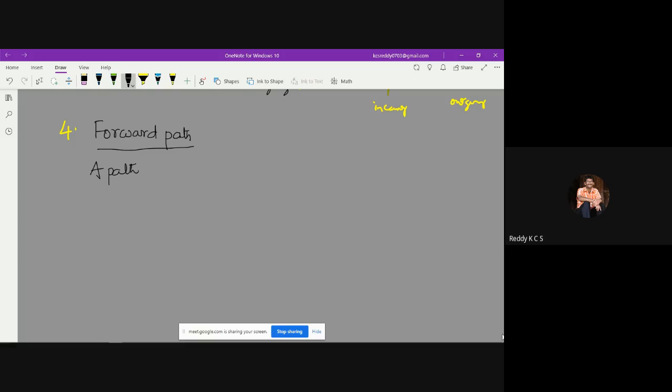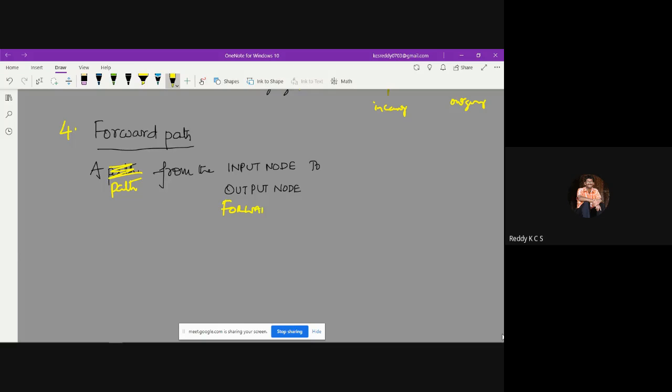A path from the input node to the output node is called a forward path.